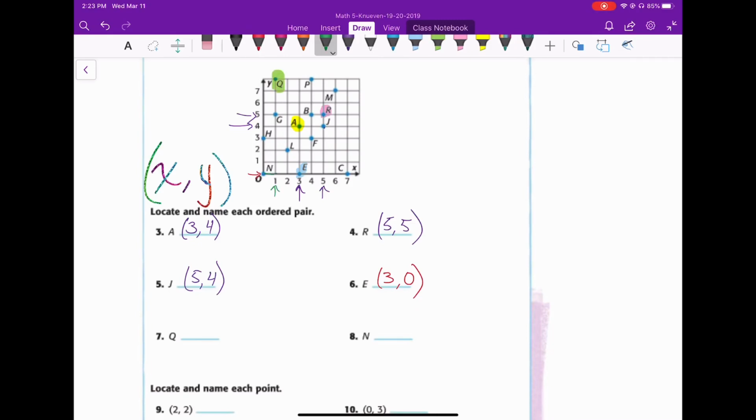So I start at my origin, it's at 1, and then it's all the way to the top. Well, there's no number up here. So what number would be the next line above 7? Well, that would be 8. So it's going to be 1, 8. And then for N, N is down here. Oh, it's exactly where I start. And so that'd be 0, 0, which another name for it would be the origin.